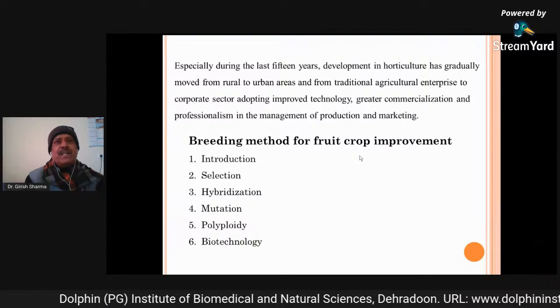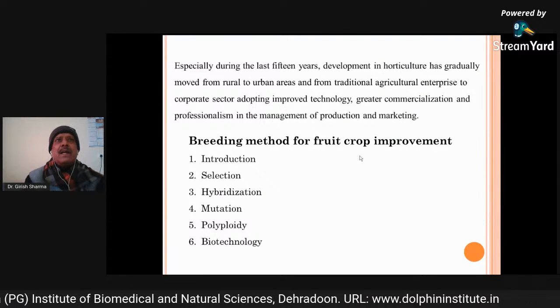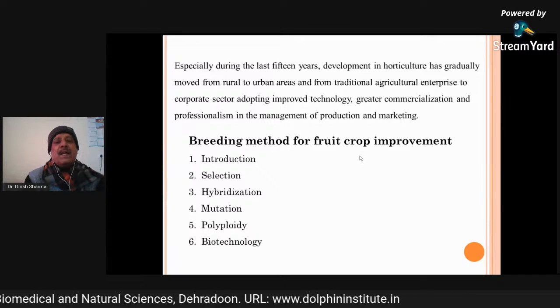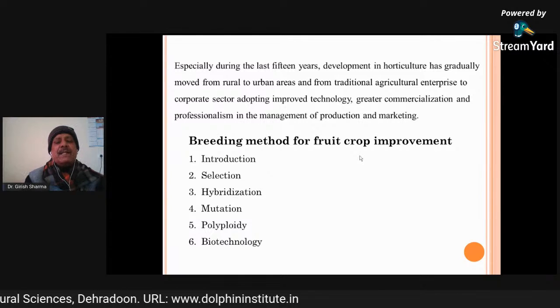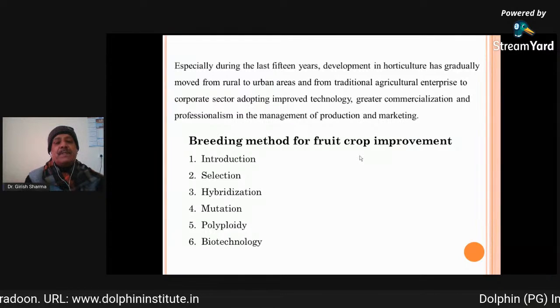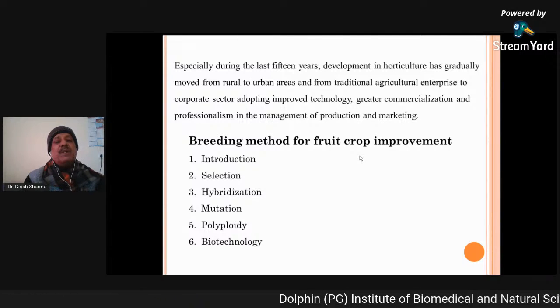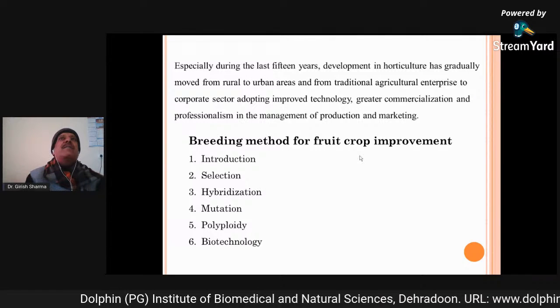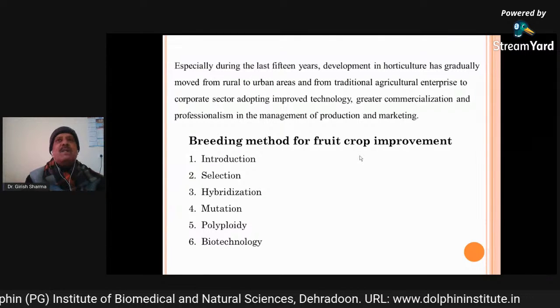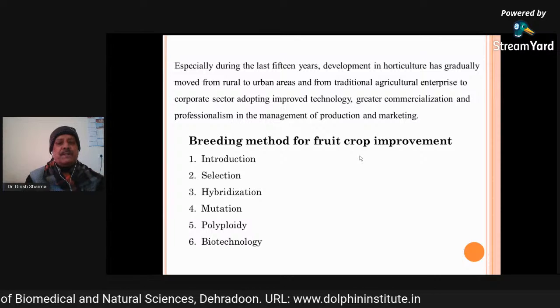A quantum of variation in characterization would ultimately help to select some desirable types which later on can be multiplied, and they would fulfill the needs of local farmers as well as serve better for export purposes.